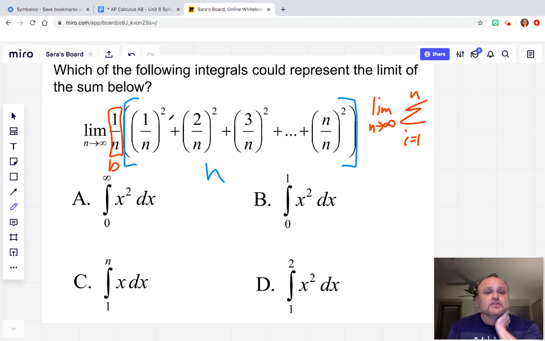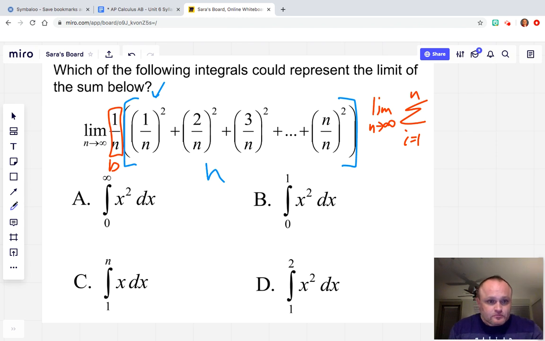So this is saying that my first y value is going to be 1 over n squared. That's where I start.